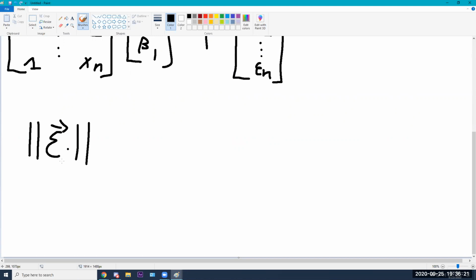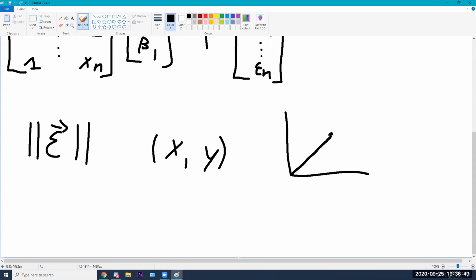And what are these double bars? Well, the norm of a vector is essentially the Euclidean distance from a zero vector to whatever vector you're getting the norm of. So if you have an x and y value, you're trying to find the distance between 0 and (x, y).